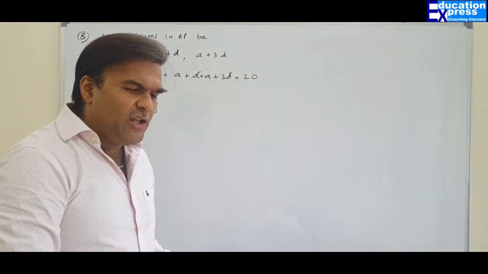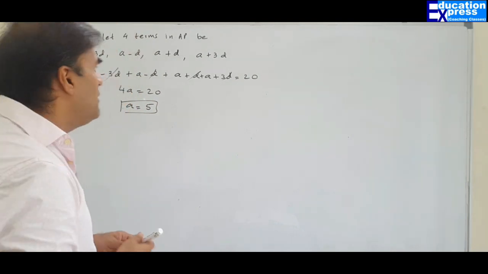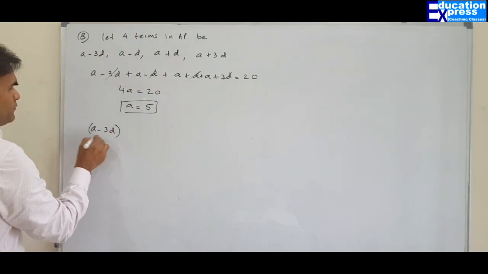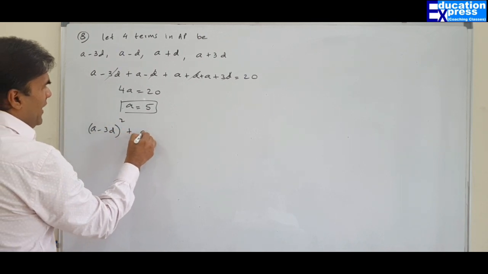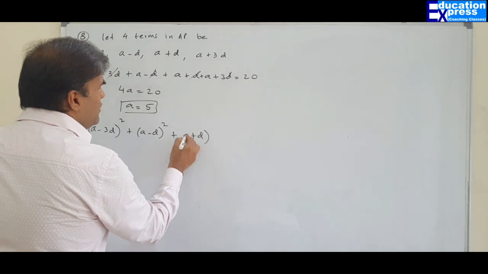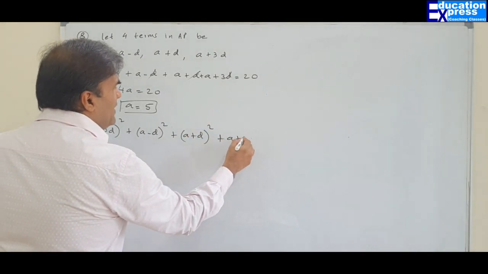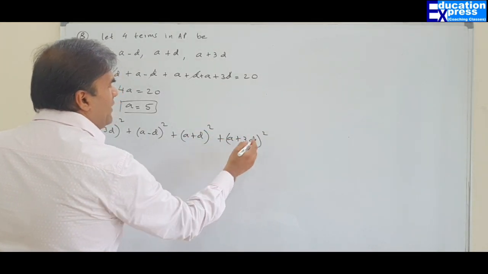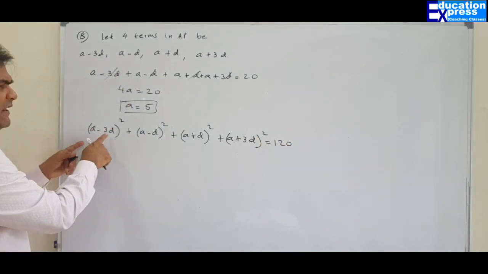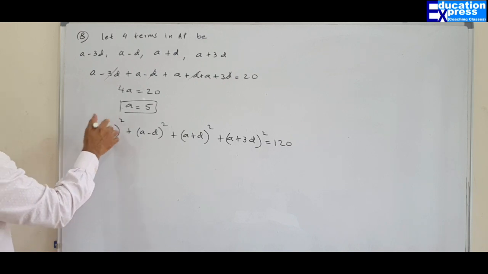After that they are mentioning that the sum of the squares of all these numbers is 120. A minus 3D square, A minus D square, A plus D square, A plus 3D square. Now this total is 120. It's a very simple thing. You know the identity of A minus B the whole square.